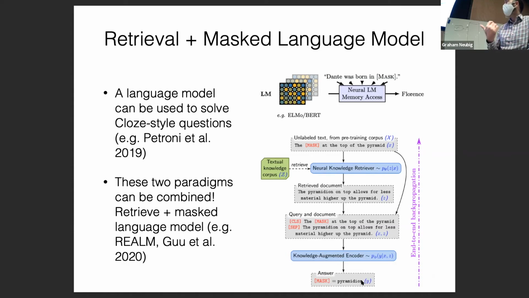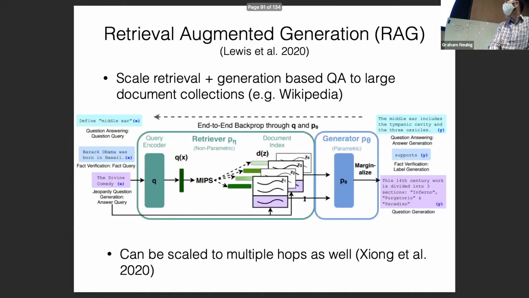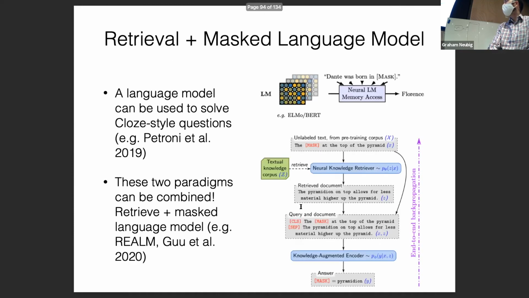With respect to how the document encoder is trained for this, they have a training process based on what I talked about before: how much a particular retrieved document improves the likelihood of getting the correct answer. If the retrieved document gives you a better likelihood, it will be upweighted.